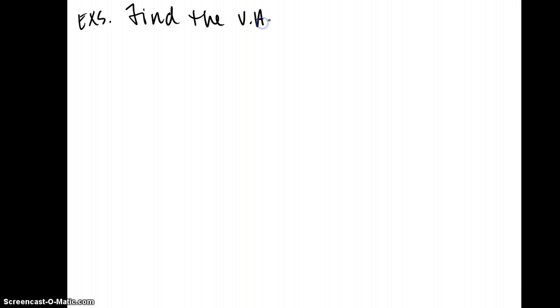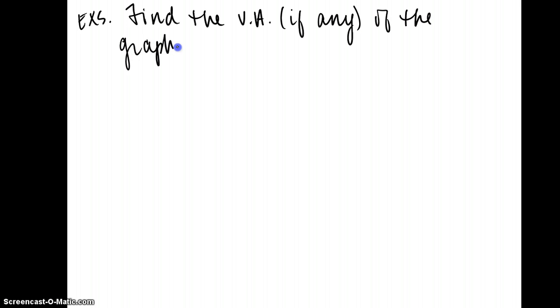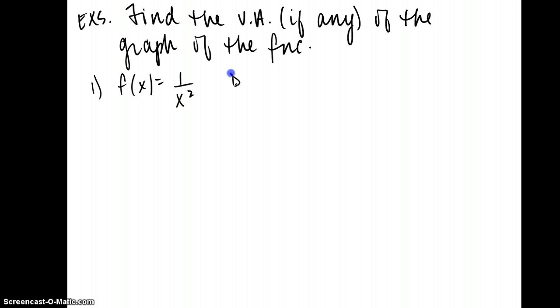Okay. Find the vertical asymptotes, if any happen to exist, of the graph of the function f of x equals 1 over x squared. Okay, so like I had said, our method in lesson 1-4, discontinuities. Determine the domain.